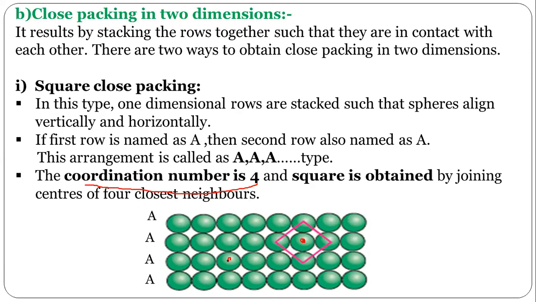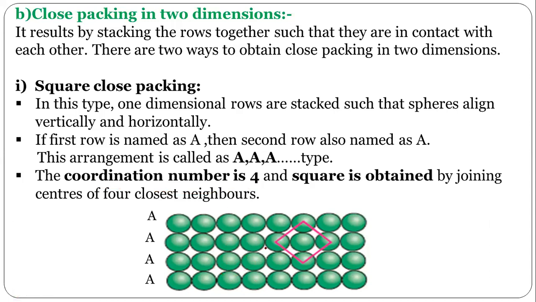If you consider this sphere, it is also in contact with 1, 2, 3, and 4. So any sphere is in contact with four other spheres, so the coordination number is 4.